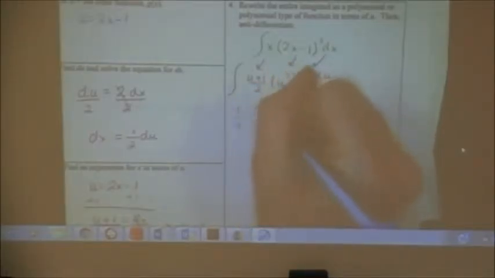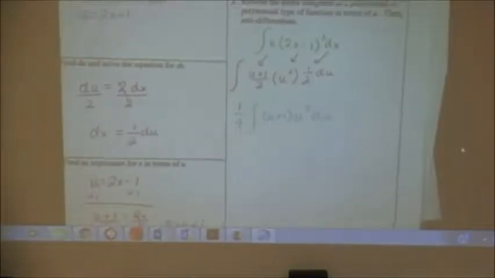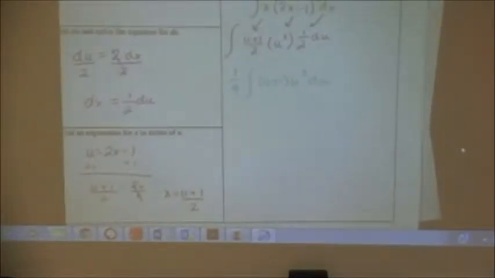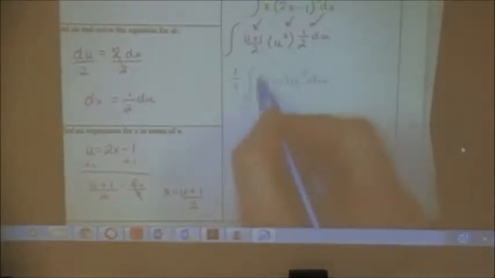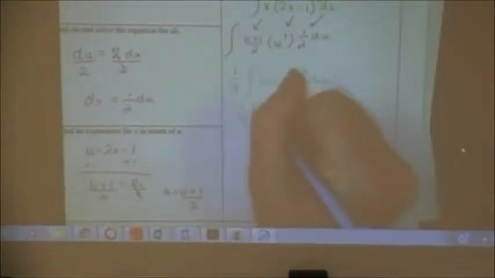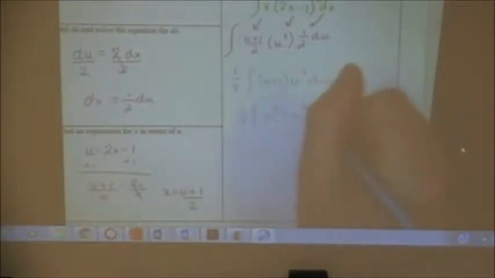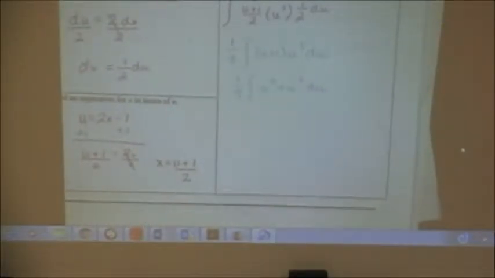That leaves me a u plus 1, a u cubed, and a du. Now, because it's a lot easier to integrate a polynomial, just like it's a lot easier to find a derivative of a polynomial, let's go ahead and distribute the u cubed into the u plus 1. Now we can just take the antiderivative.